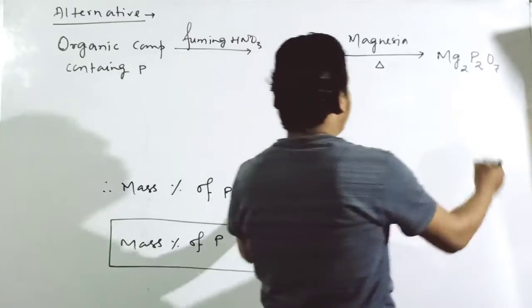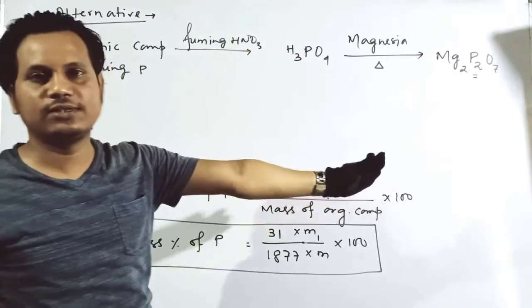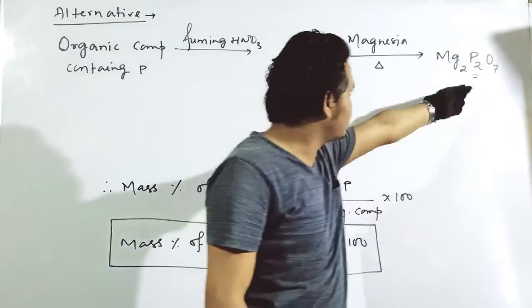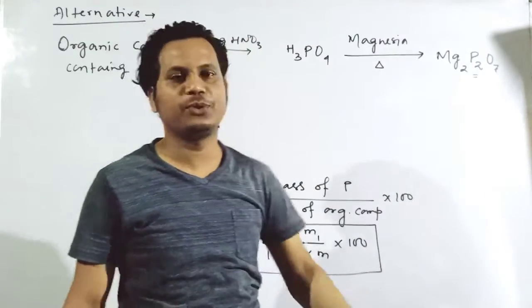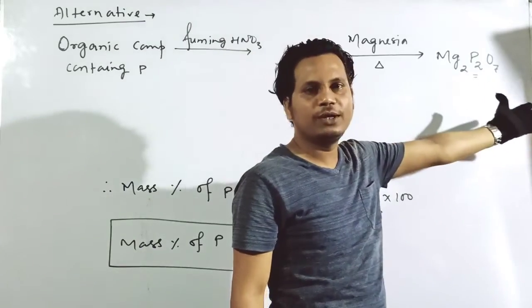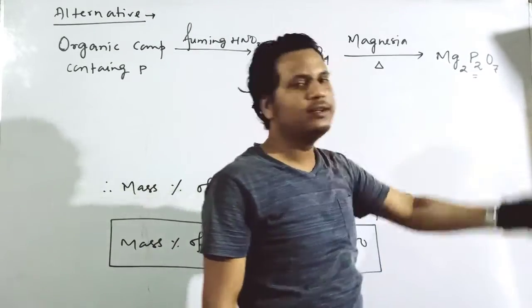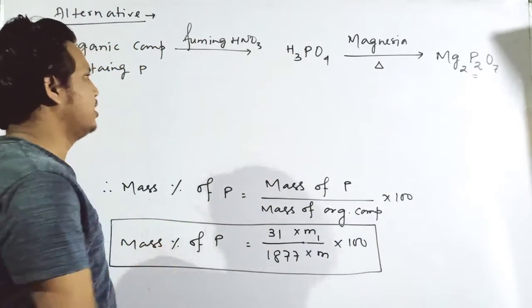From this compound you can calculate the mass of phosphorus, and the rest of the procedure is the same. There, ammonium phosphomolybdate was there, and here Mg2P2O7 is there.